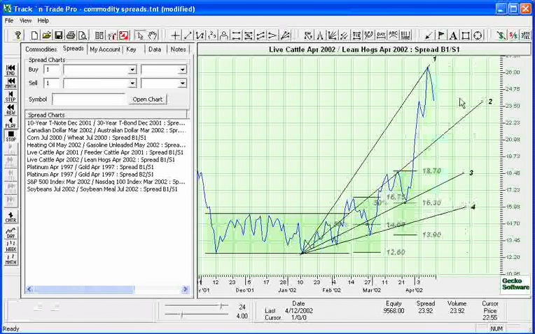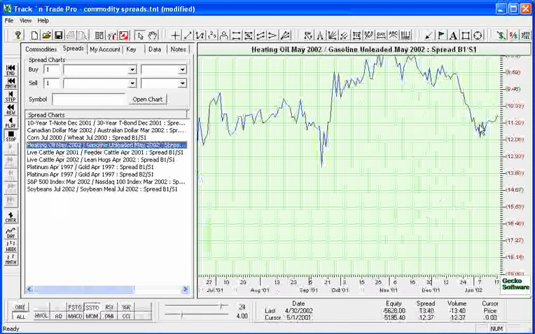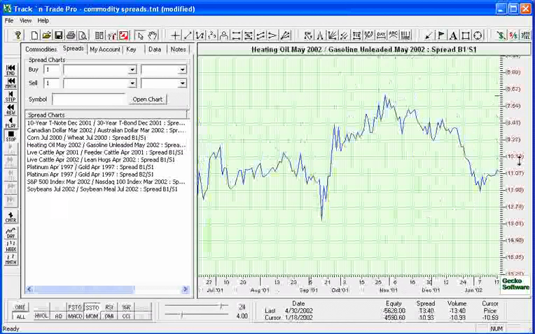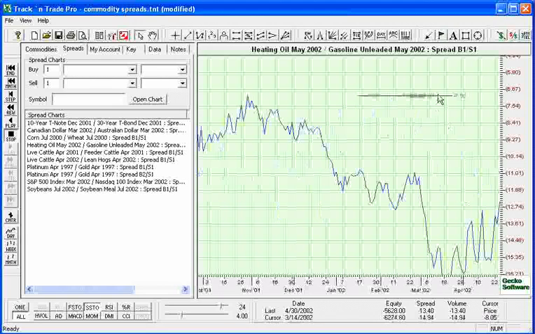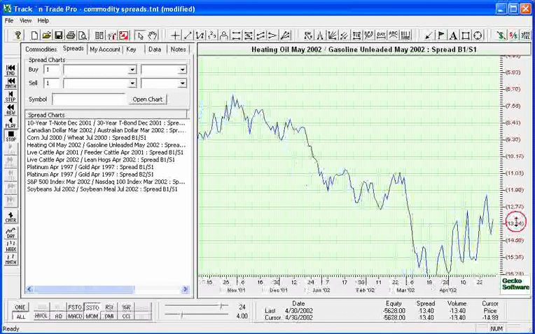Why don't we pop down and take a look at a heating oil unleaded gasoline spread. This is an interesting spread from the vantage point of when do we use a lot of gas?